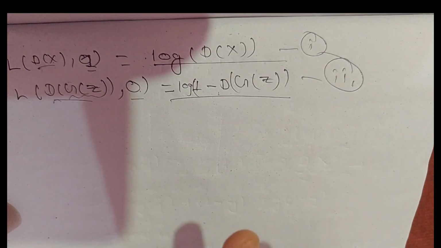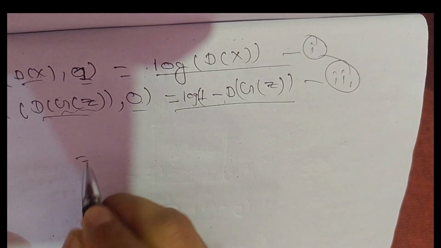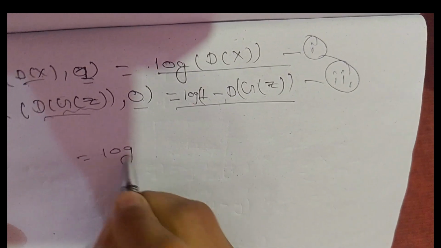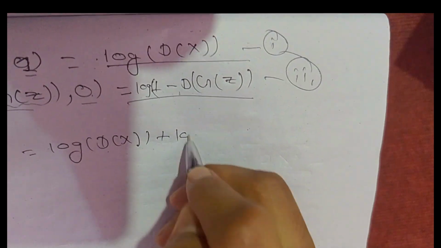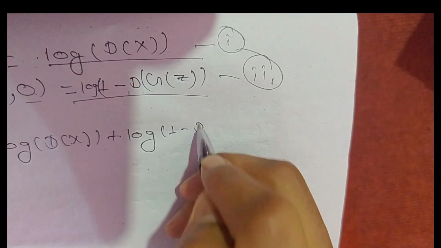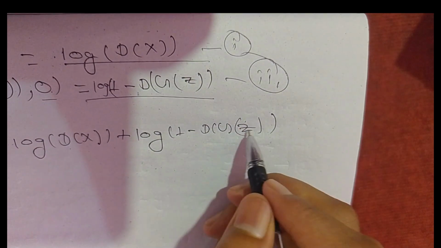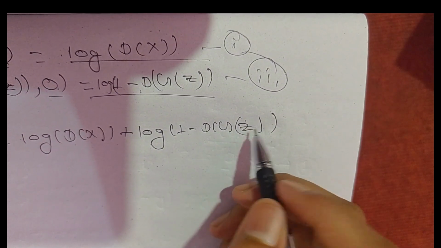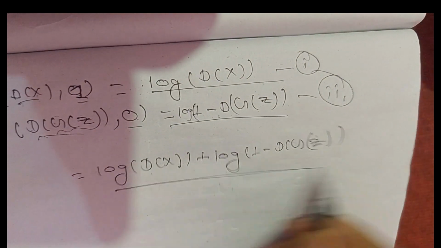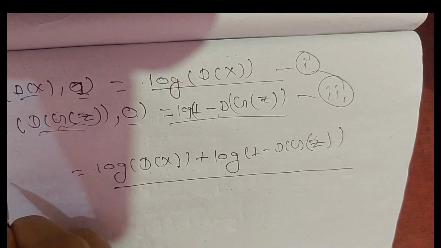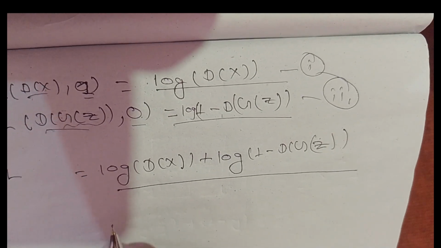Let's combine these two formulas, and we get log of d of x plus log of 1 minus d of g of z. In some literature you find this z as x, but you can consider it as z. So this is our value function, this is the loss function, this is our final loss function.